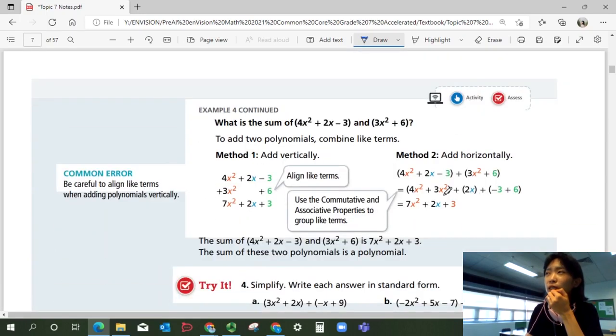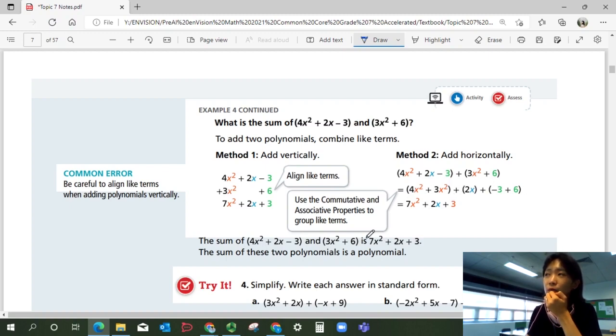So next page. What's the sum of 4x squared plus 2x minus 3 and 3x squared plus 6? If you want to add them, you align the like terms and then you add them together and then write them in standard form. Okay, you can add horizontally. Just make sure you group them with the like terms.